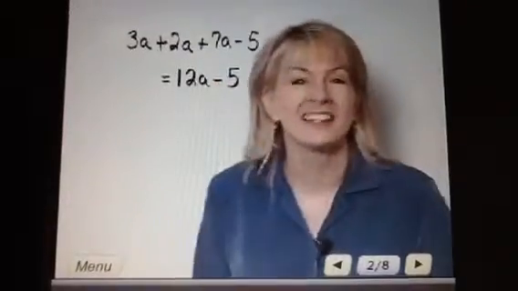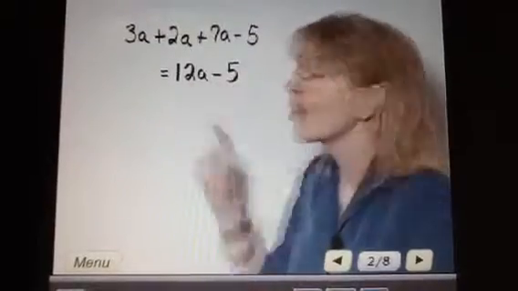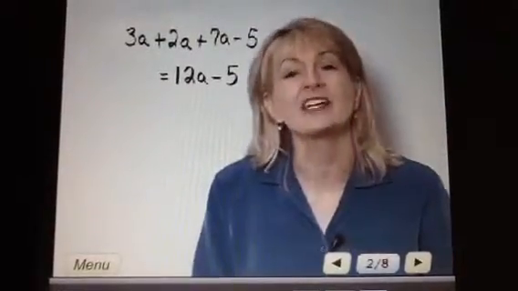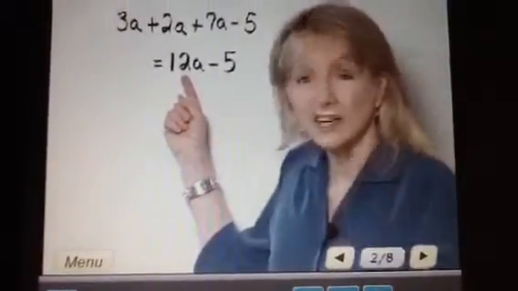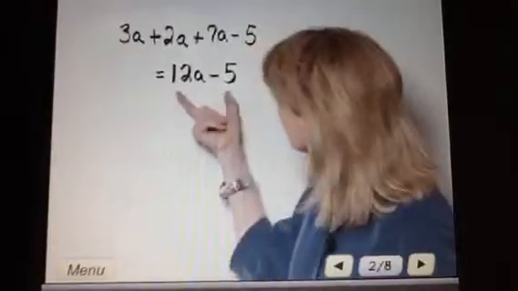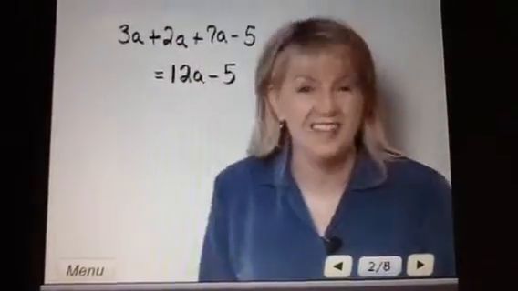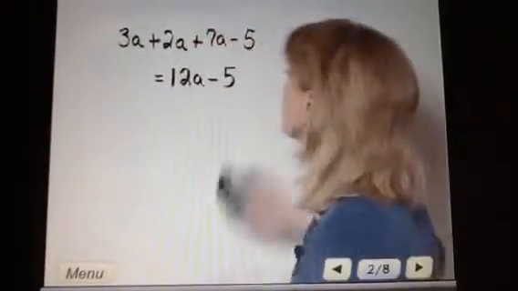Can we simplify any further? The answer is no, because these are unlike terms and we cannot combine unlike terms. Now notice this is a variable term and this is what we call a constant. But here we have this expression simplified. Let's try that again. Let's look at another expression.